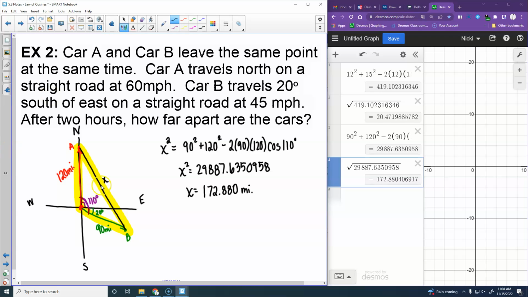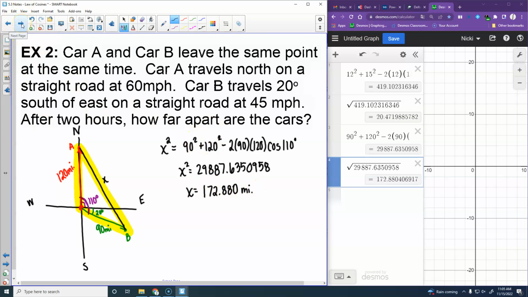So it complicates things because you have things that are changing versus just static, just sitting there. So that's an idea of some stuff that we would do. In fact, I think we do a problem similar to this when we do related rates in calculus, with A still moving here. So it's kind of cool. I like it. But we, of course, won't do that in here. So this is our answer.